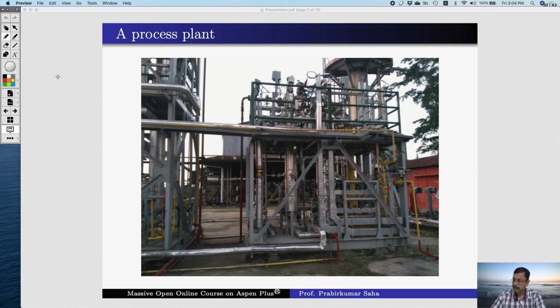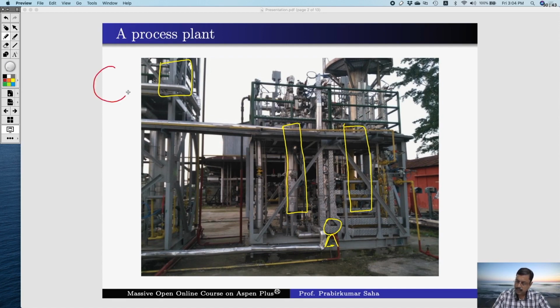The main equipments in this unit are one distillation column, another distillation column over here, a pump, a small reactor, and also a heater, and a mixer.